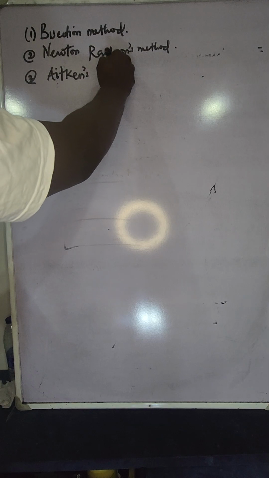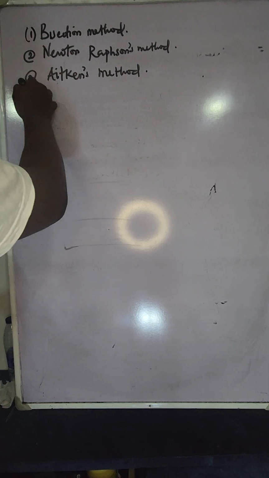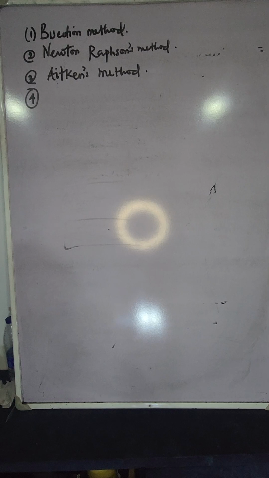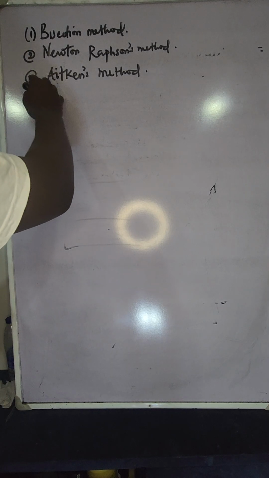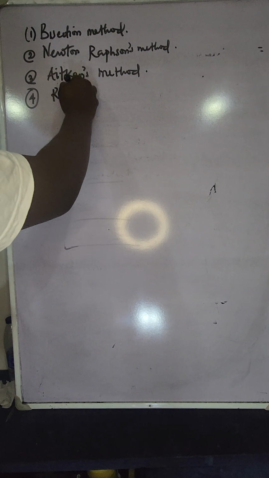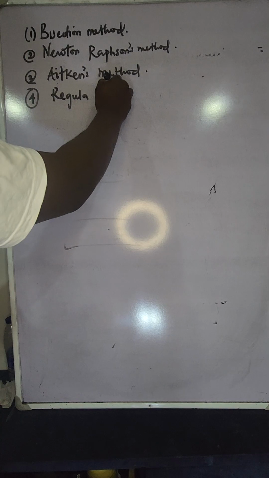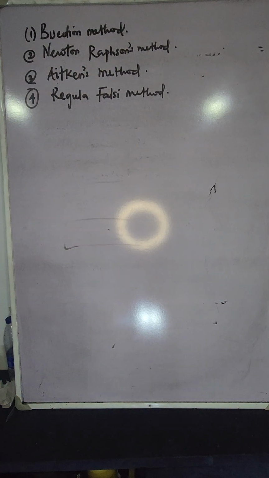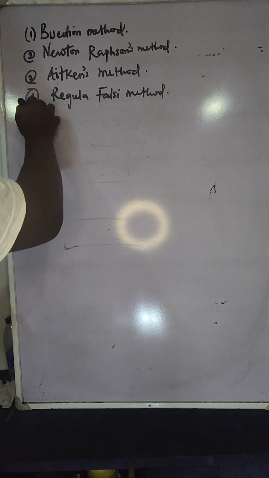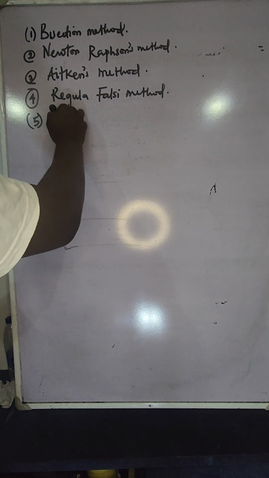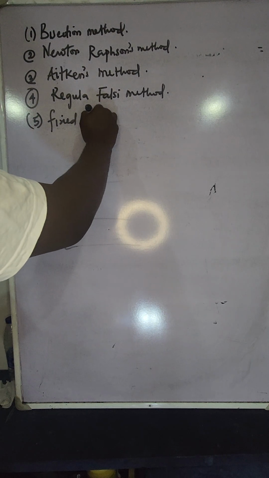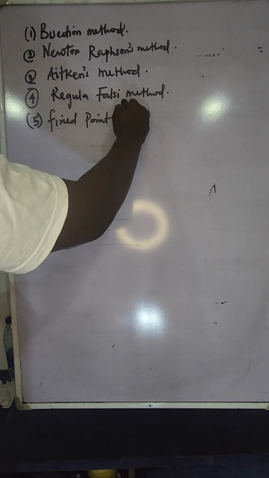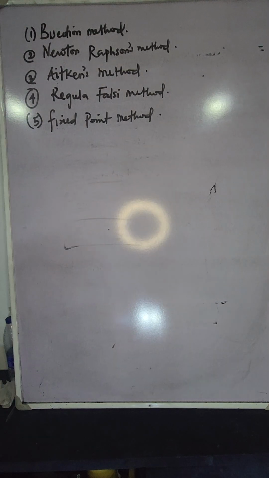There's also the regula falsi method, or false position method. There's another one called the fixed point method. We'll be looking at them one after the other.